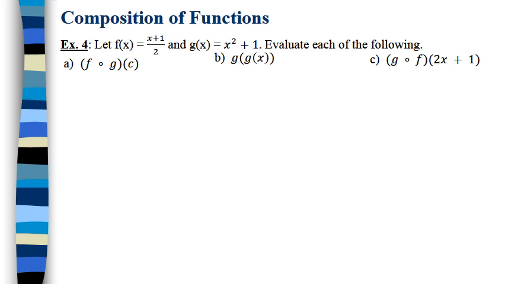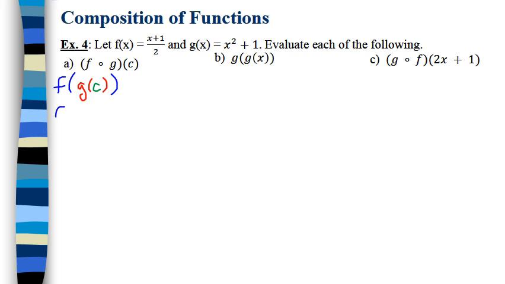Okay, so in this example, we're going to substitute functions or expressions into other functions. So here, f of g of c means the f function of the g function when you put in c, right? So we're going to put c into the g function first, and whatever we get out, we're then going to put into the f function.